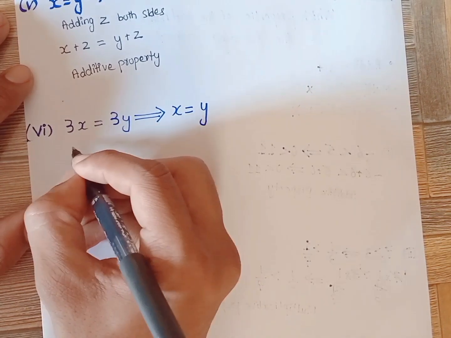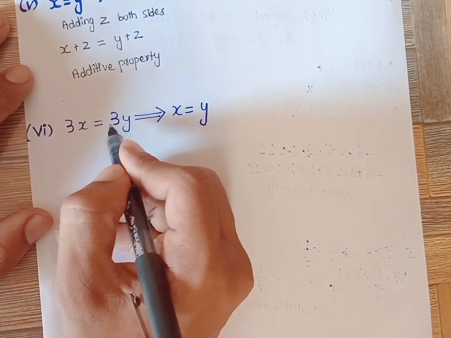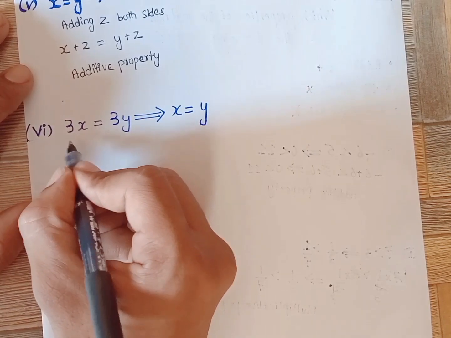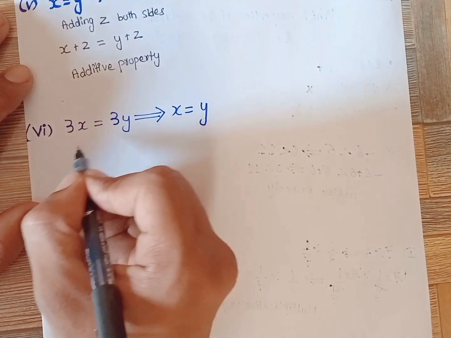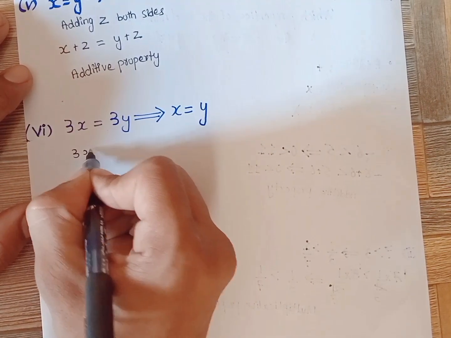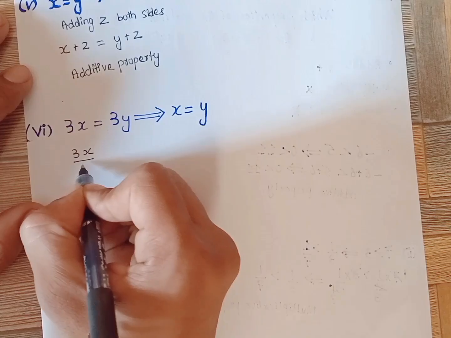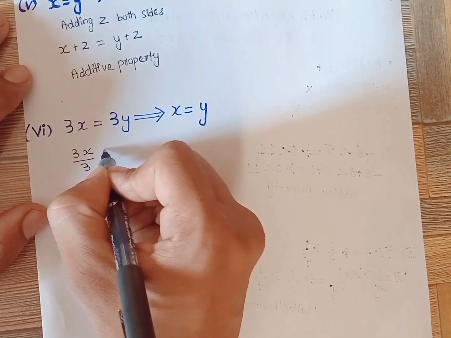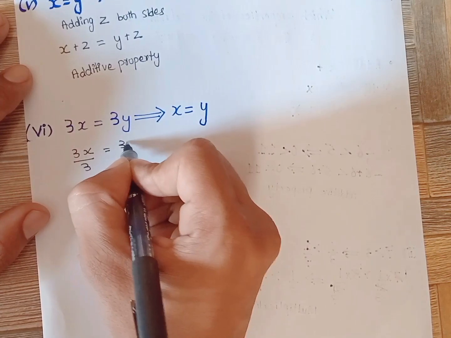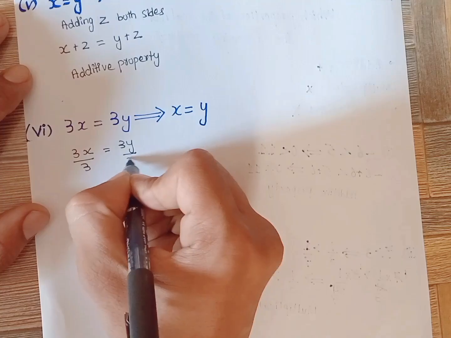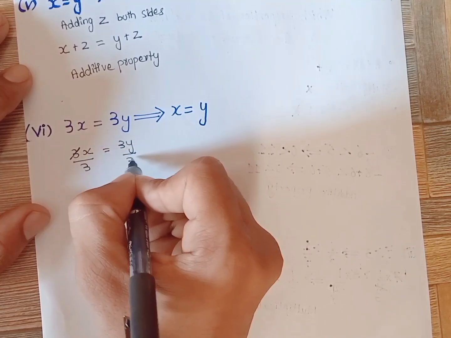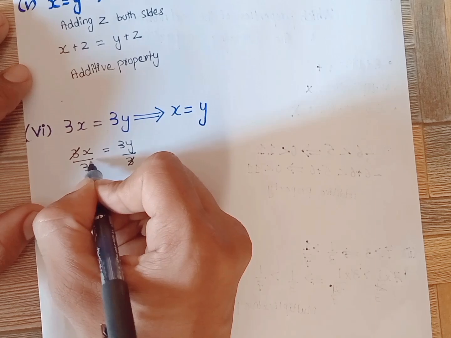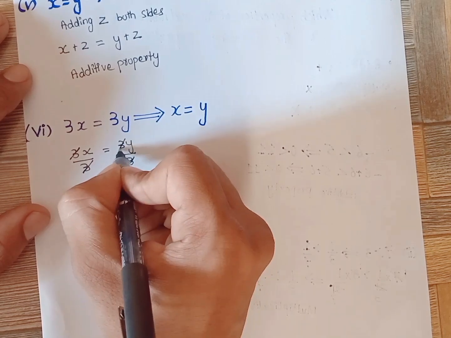For that we will divide both sides by a number, so that we get x is equal to y. 3x over 3 is equal to 3y over 3. So the 3 will be cancelled with this 3.